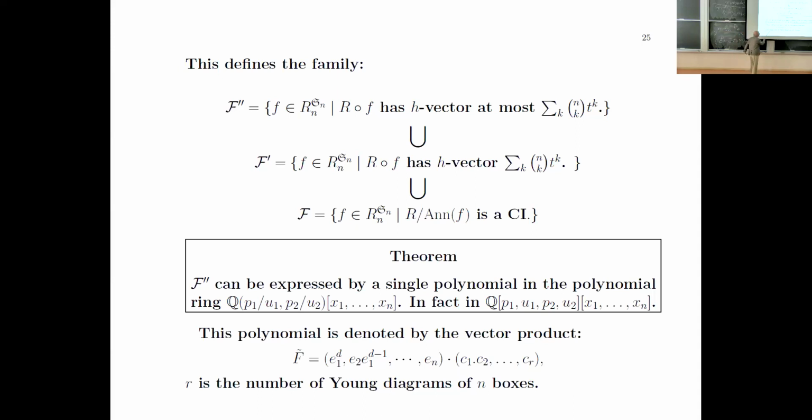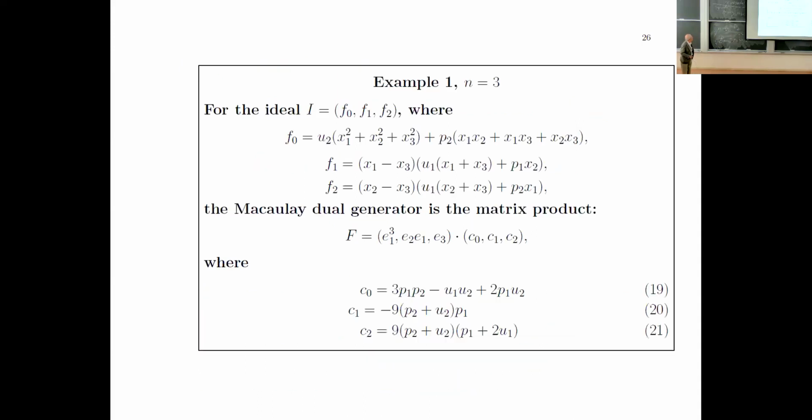I want to denote this polynomial by F tilde, because it is a linear combination of these things with coefficients, this vector. And in the next page, I can show you an example. When n is 3, it looks like this. There are 3 polynomials, and the coefficients are like this.